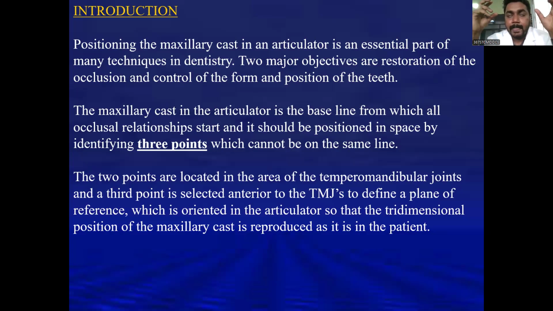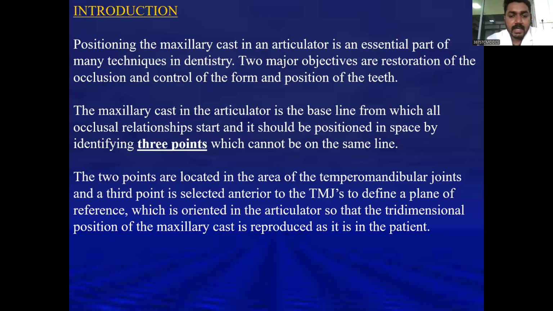In order to align any three-dimensional object in space, we need 3 points. Here we are taking one anterior point and two posterior points. So we have one anterior reference point and two posterior reference points in order to transfer the position of the maxilla to the articulator.